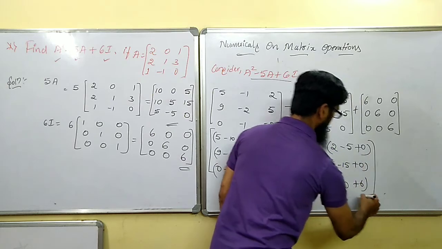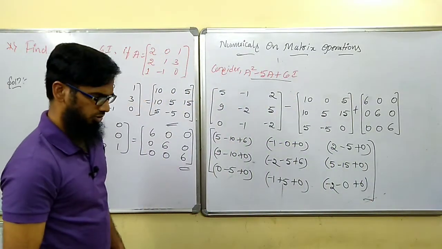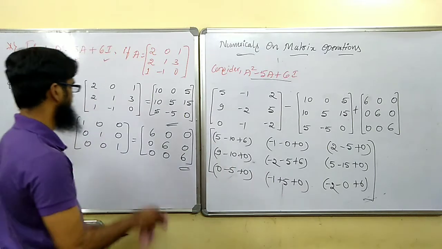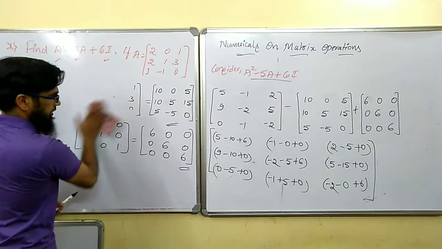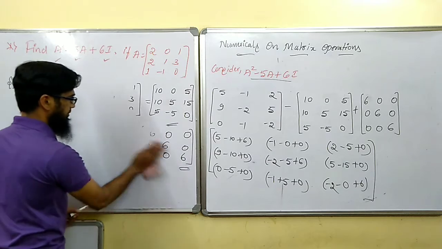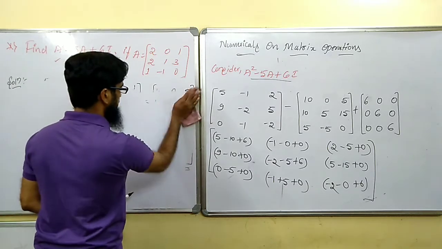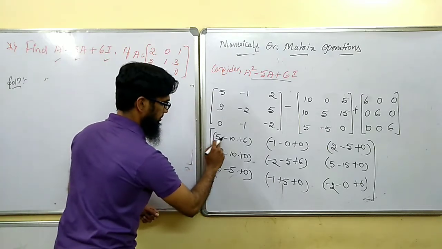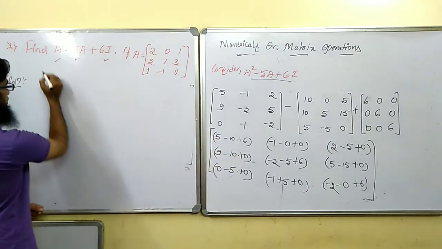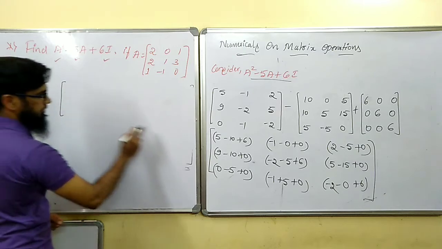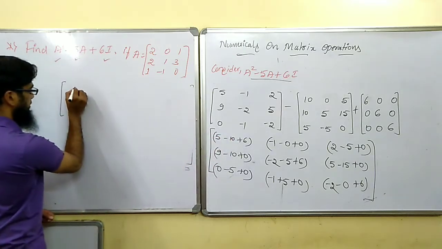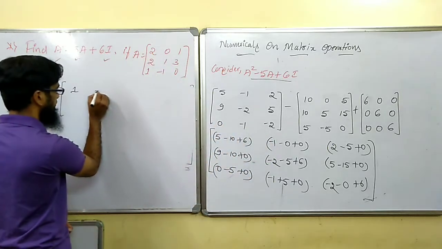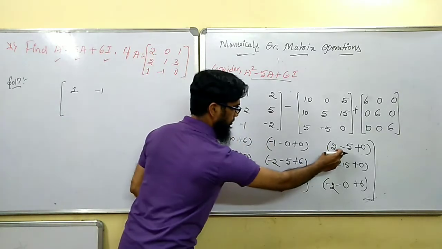Okay, this is how we have added the matrices here. Now the remaining part is very simple. You just add the matrices. The first part is 5 minus 10 plus 6, which is 11 plus minus 10, so minus 5 plus 6, which is 1. The second part is minus 1, and the last one in the first row is minus 3.